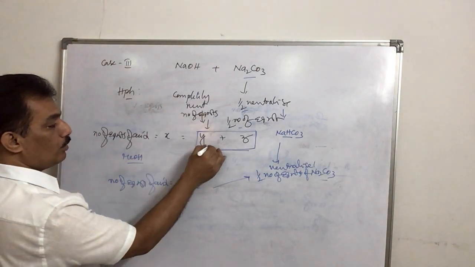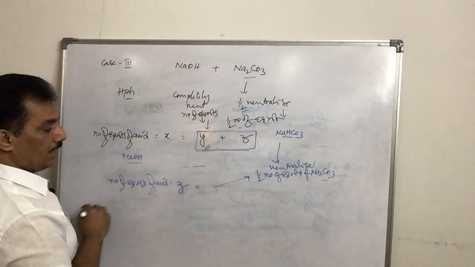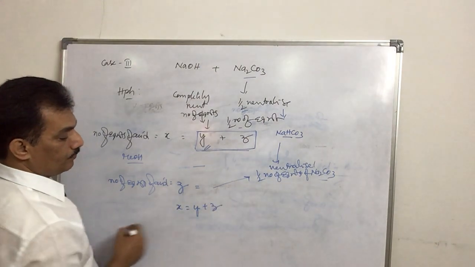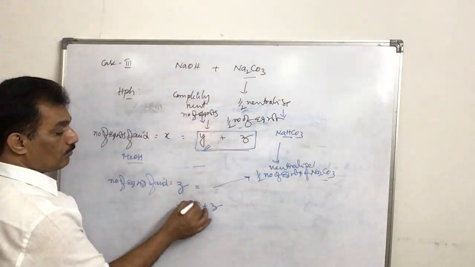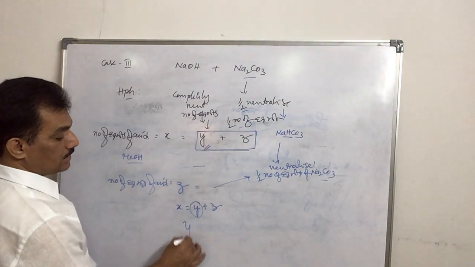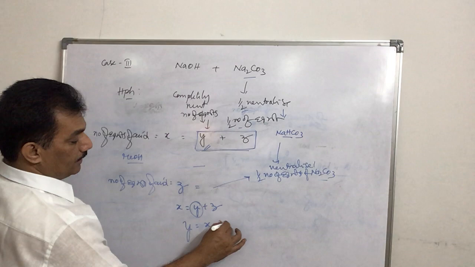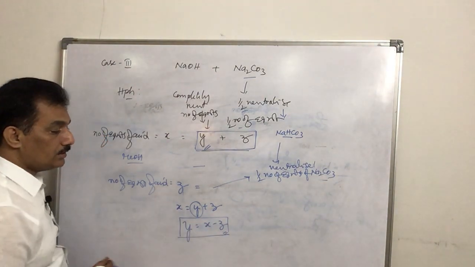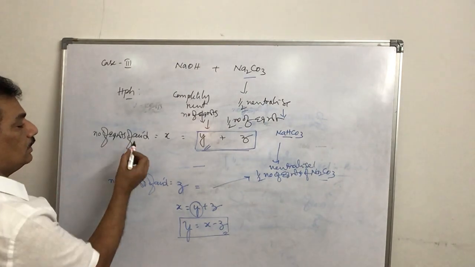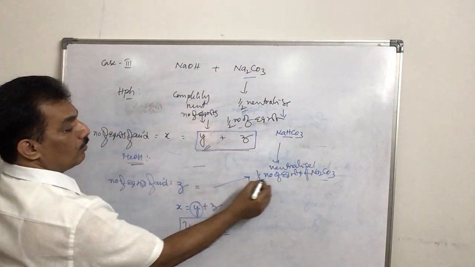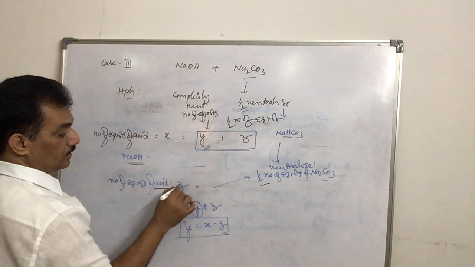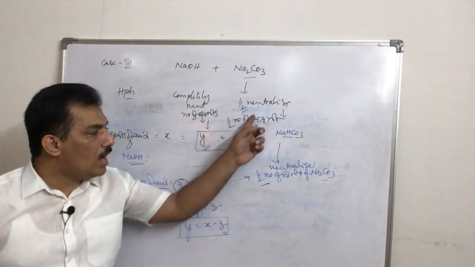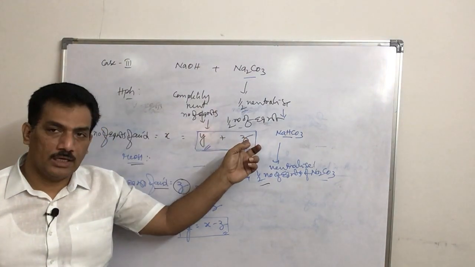Now the number of equivalent weights Y can be measured as X is equal to Y plus Z, and we require Y. Y is equal to X minus Z. Now our question is how to get this Z. It is nothing but the second titration. Whatever number of equivalent weights of acid is used in the second titration is Z, because in phenolphthalein only half of Na2CO3 is neutralized.